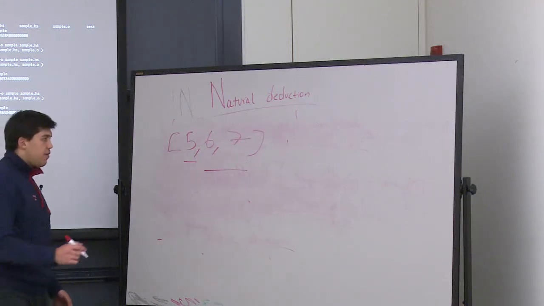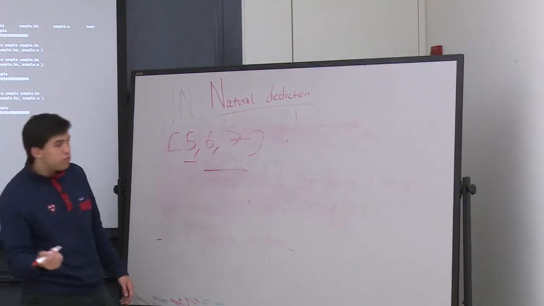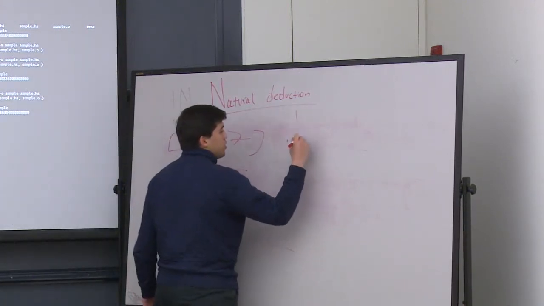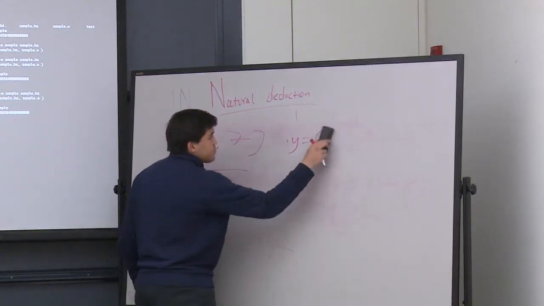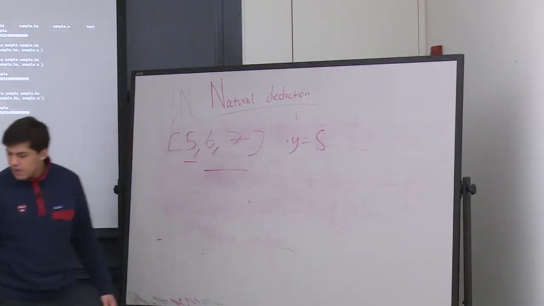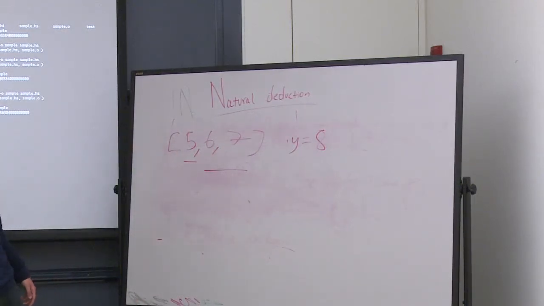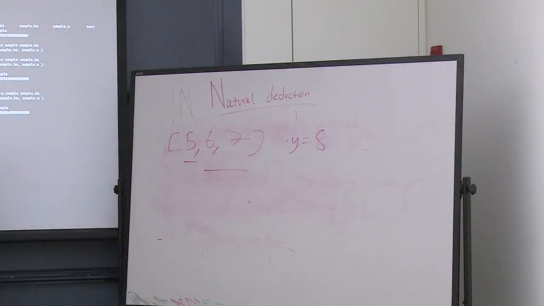So if 5, 6, 7 were to be my list, and y would be equal to 8. Oops, that was really bad. Yes. What would we have happen? We would have our first element here, 5, right? What does it equate to? 5 colon my append xs y, right?